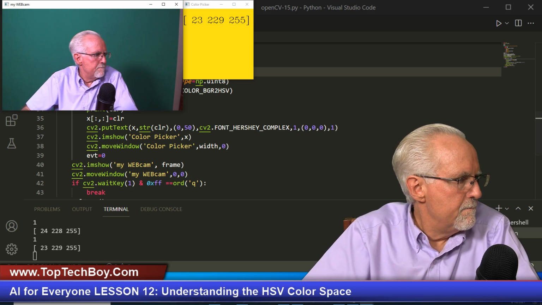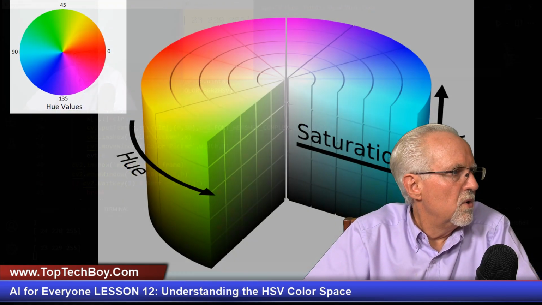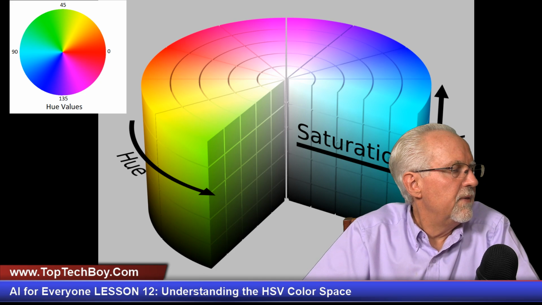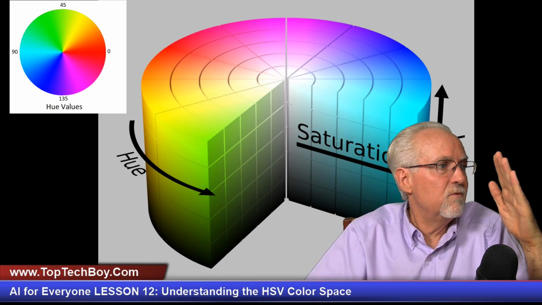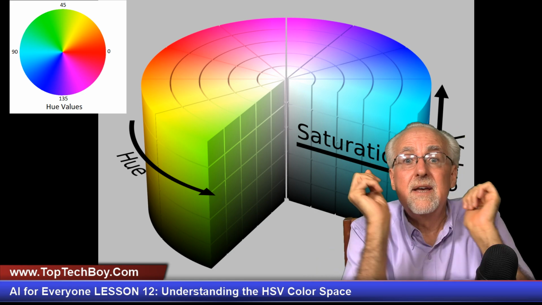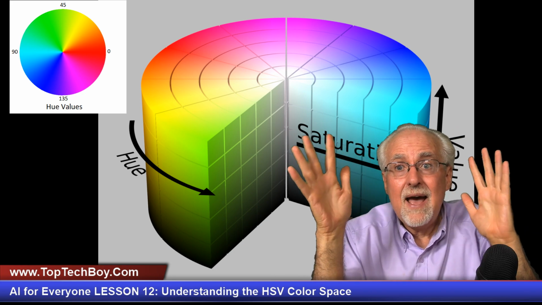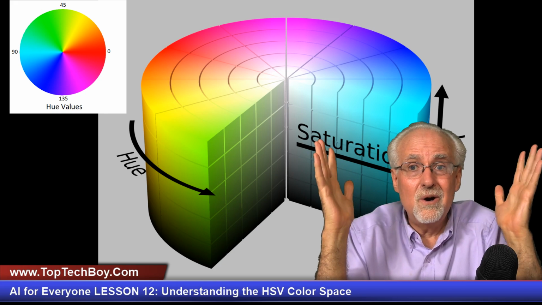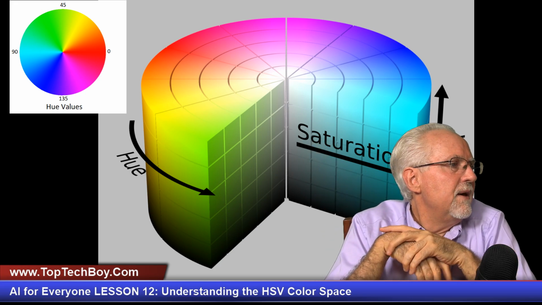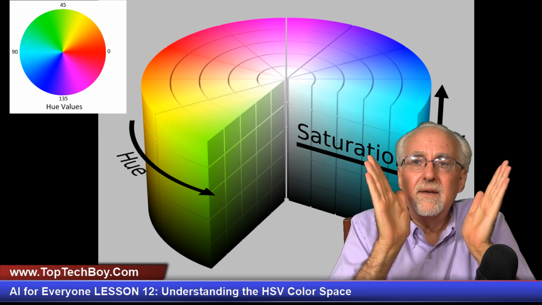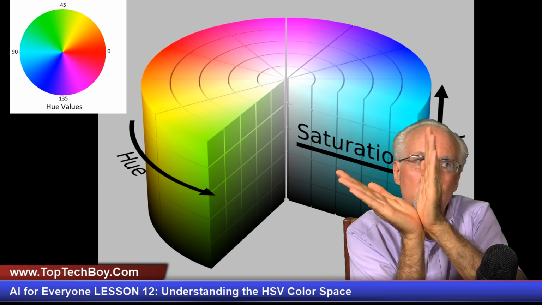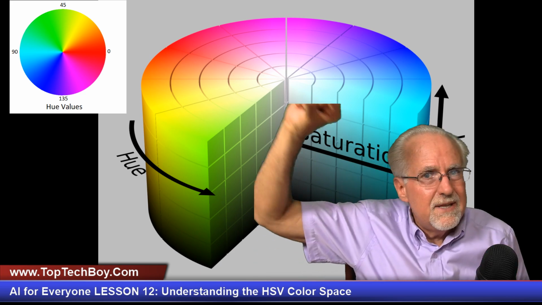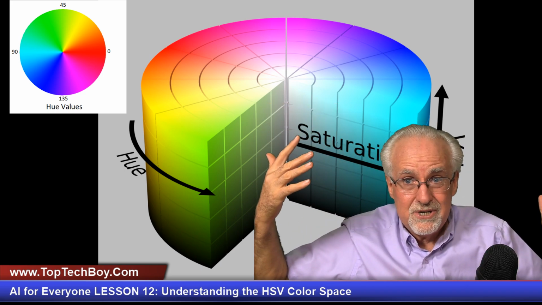In the upper left inset, where is 23? It's halfway to 45. What's right at halfway to 45? It is yellow. If I wanted to track on yellow, I could say give me the hues that are between 20 and 26, and that would be that little slice that is pretty much yellow.